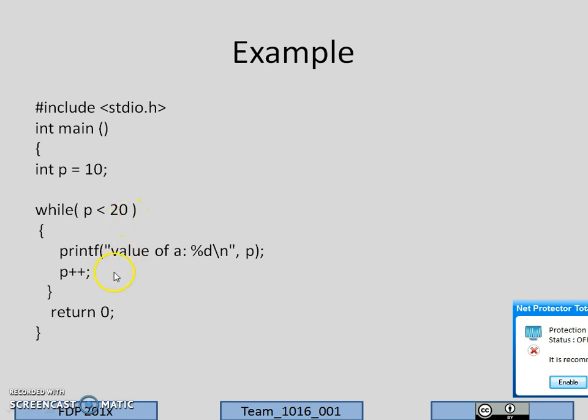Yes, it will display 11. Then increment by 1, it becomes 12. Likewise, it will increment up to 19 and display all the values. Now pause the video for some time and write down the complete output of this program.